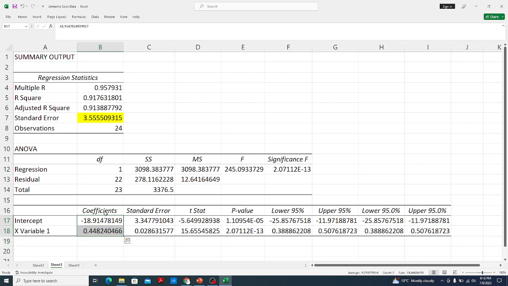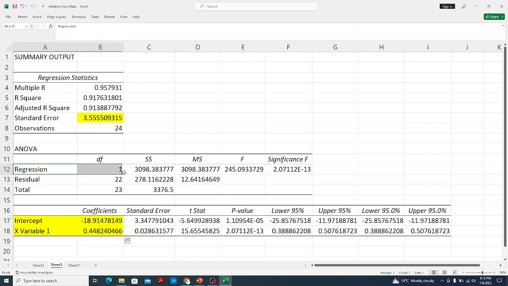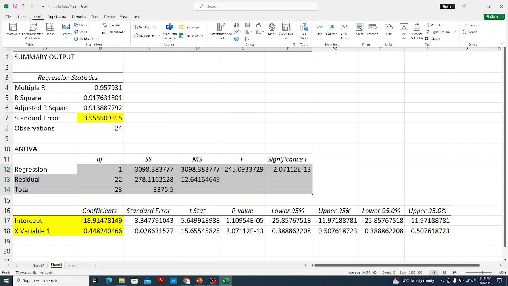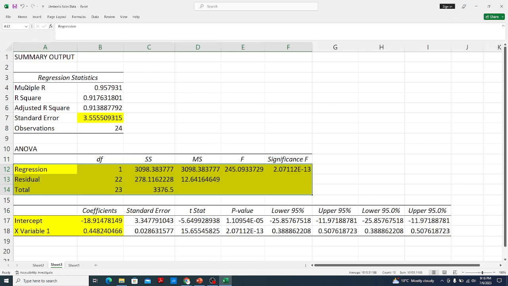So this is the major part, the part of interest. This part will also help you when you are doing variance analysis, which is how your data is spread away from the mean.